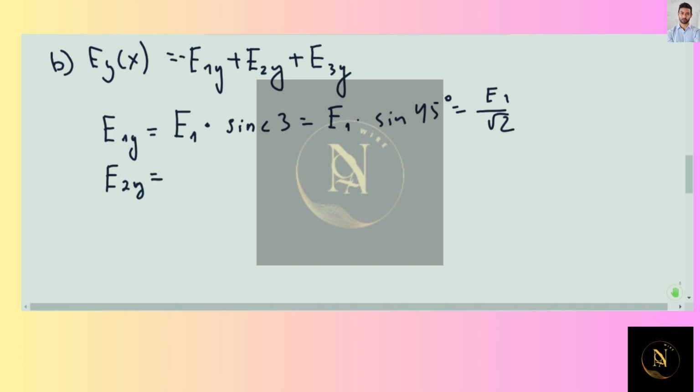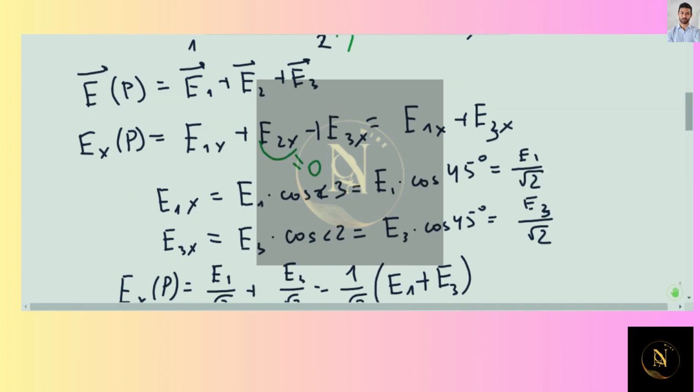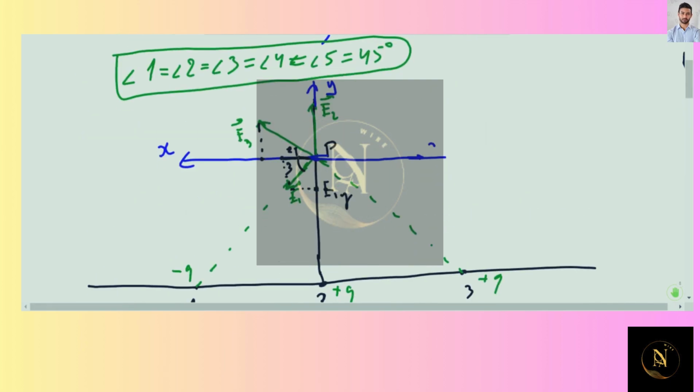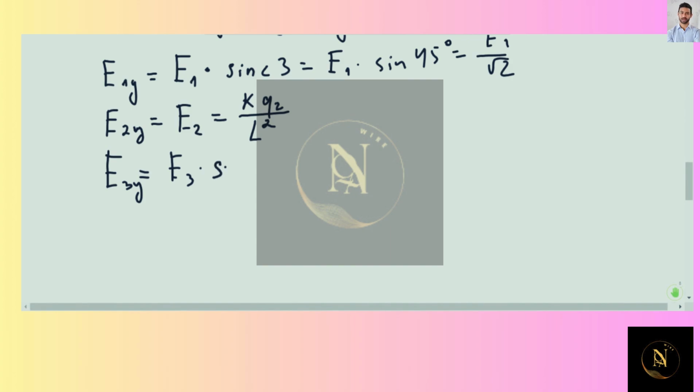E2y equals just E2, which is K multiplied by Q2 divided by L squared, because the distance between points 2 and P is L. And E3y equals E3 multiplied by sine of angle 2, which is E3 multiplied by sine of 45 degrees, which equals E3 over square root of 2.